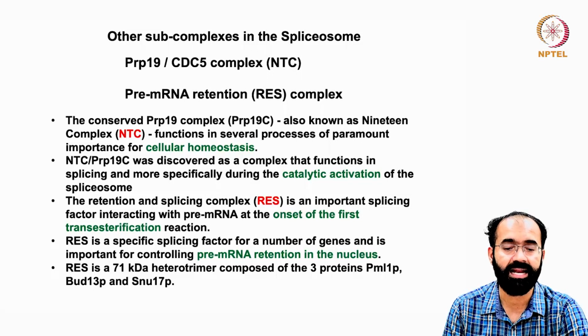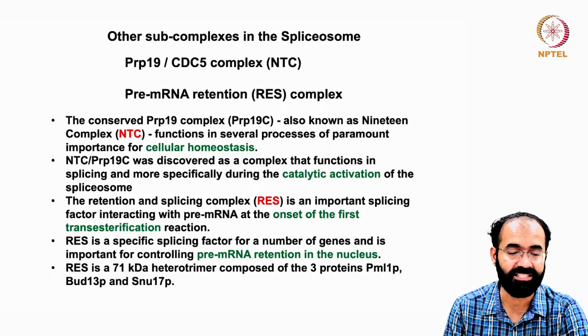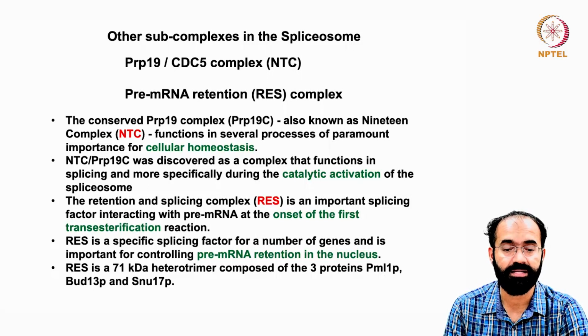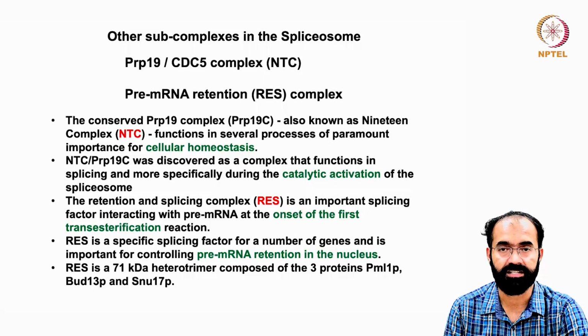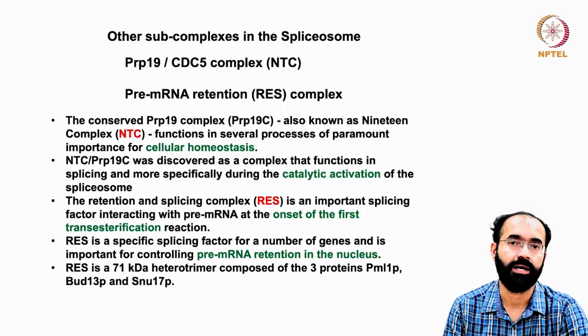So the retention and the splicing complex, that is called RES complex, is an important splicing factor interacting with the pre-mRNA at the onset of first trans-esterification reaction, because without which it will not proceed in a spontaneous manner.